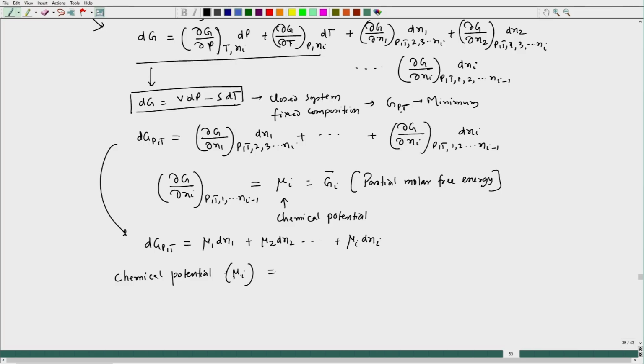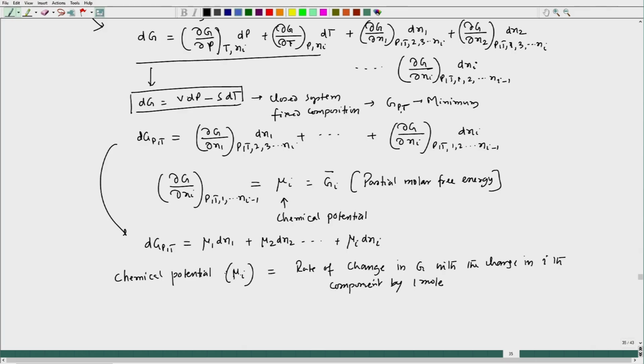So, this is basically the rate of change in G with the change in the ith component by 1 mole. So, this N1, N2, N3 are basically all the moles of all the components.